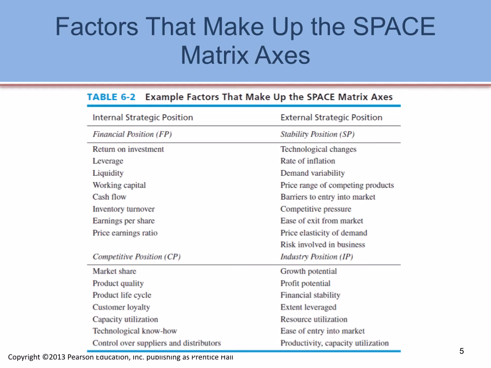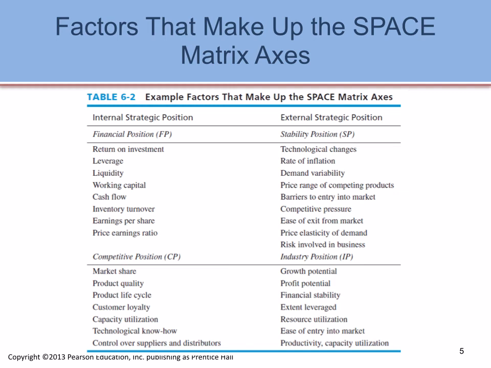And then we also have the IP position, the industry position, which indicates the growth potential of the industry, financial stability, resource utilization, ease of entry into the market, and productivity or capacity utilization within the industry.